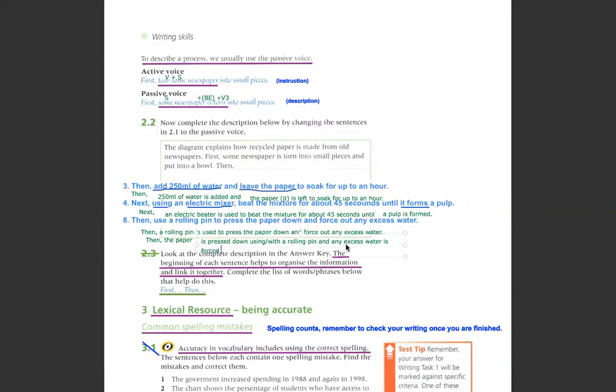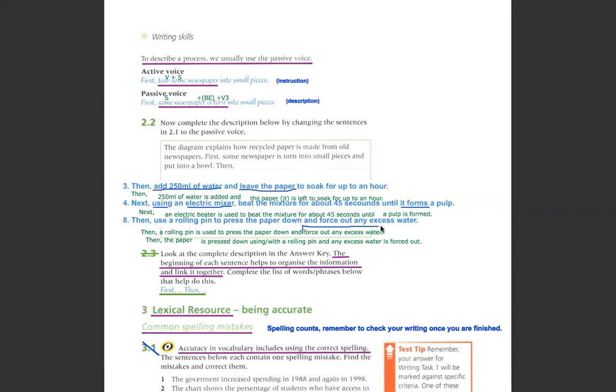So here we use the ED. First sentence, we don't need to use passive twice because the structure is different. The rolling pin is used. Here's our passive. What is it used for? It's used to press the paper down and force out any excess water. I can't say a rolling pin is used to press the paper down and any excess water is forced out. All right, we could do it.